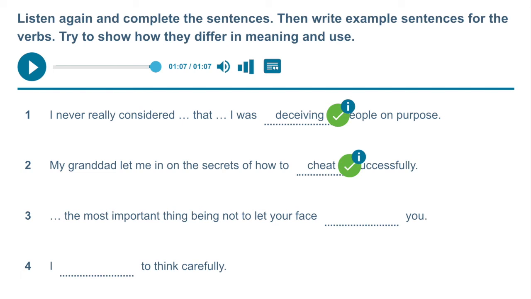What a granddad. 3: The most important thing being not to let your face betray you. Yeah, your face saying one thing and you wanting to do something else. And 4: I pretended to think carefully. So all these were the words connected to lying that appeared in this listening activity.